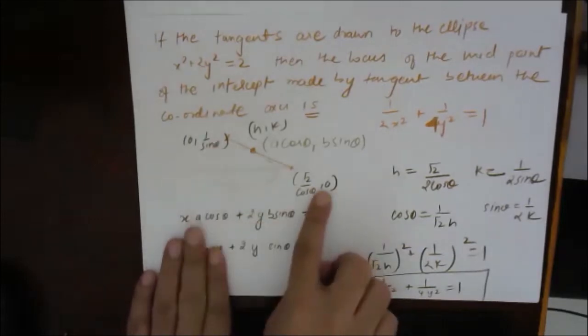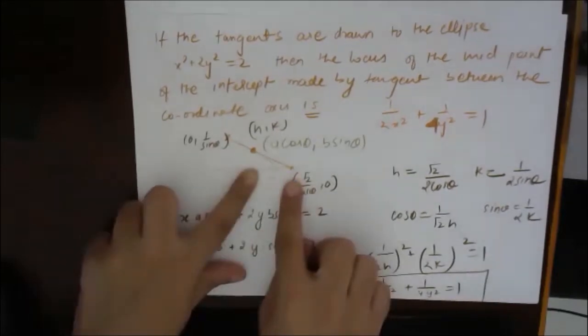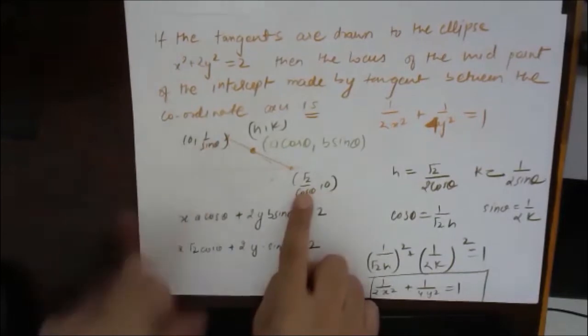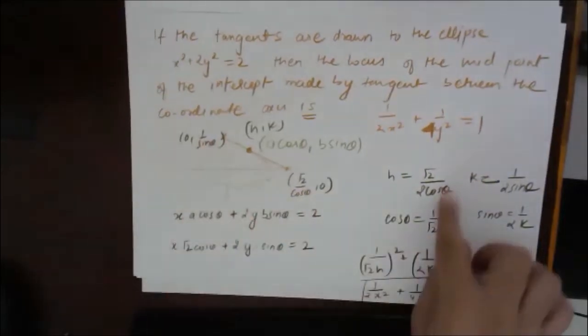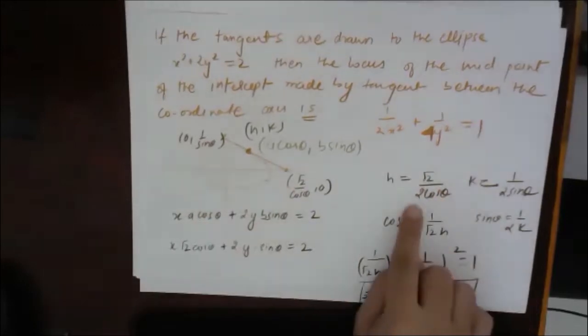And this will become root 2 by cos theta when I substitute y is equal to 0. Now the midpoint will be this plus this by 2, so 0 plus root 2 by cos theta by 2. That is why this 2 and 2 is coming.